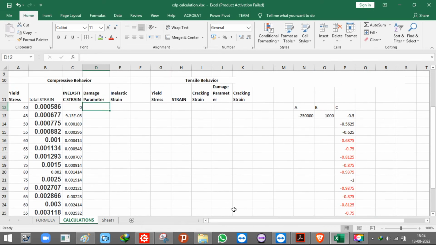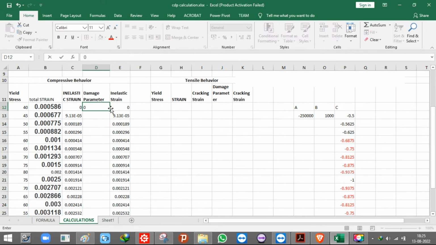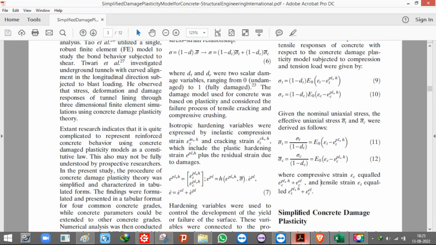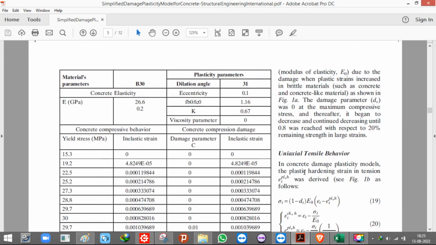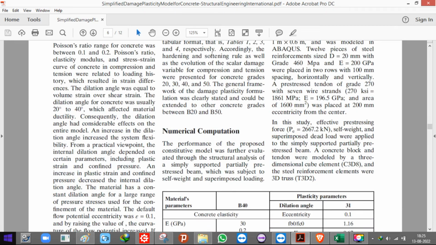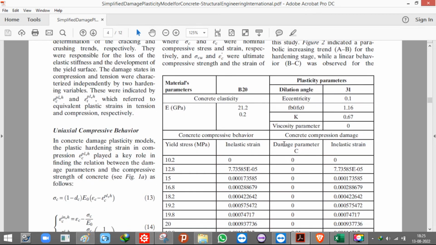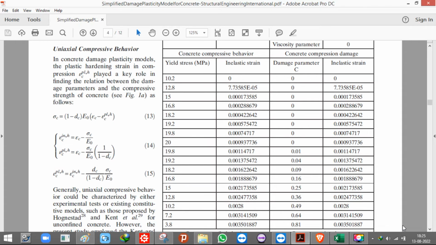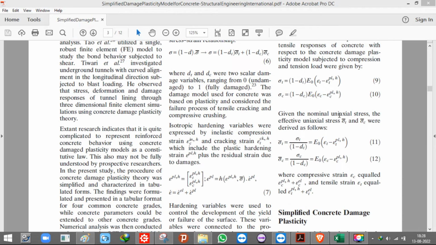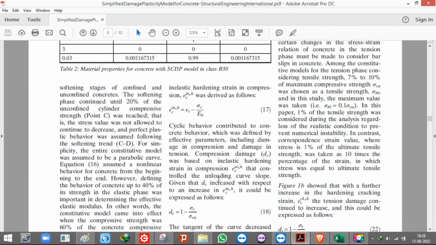Now we need the damage parameters. So to get the damage parameters, just enter the inelastic strain values, and damage parameter will be 0, 0, 0 up to the value of M80, and after that simply find out sigma T and sigma C. So to calculate the damage, these are the sigma T, sigma C values. Now the paper has simplified and given a formula.